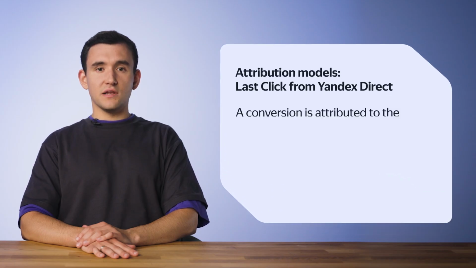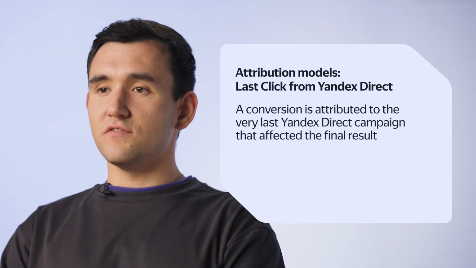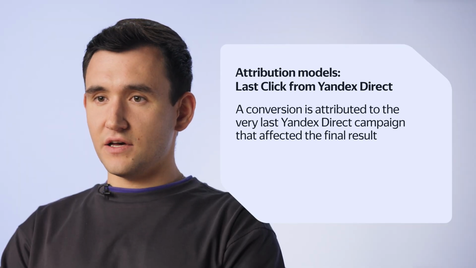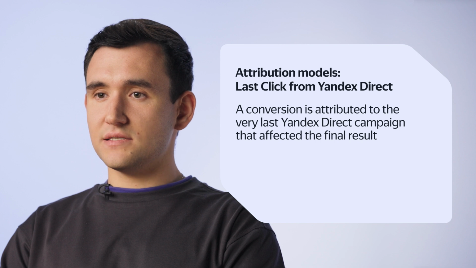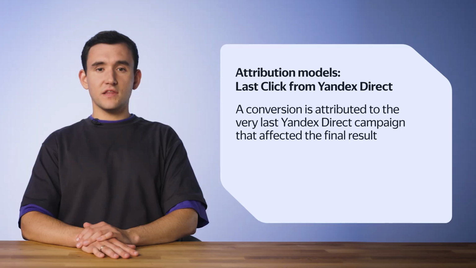Another variation of the last click model is an attribution model called last click from Yandex Direct. It's when a conversion and its entire value are attributed to the last Yandex Direct campaign that affected the final result. If there were multiple Yandex Direct campaigns in the advertising chain, we have to attribute this conversion and its value to the very last campaign.